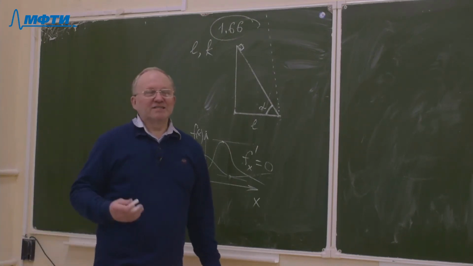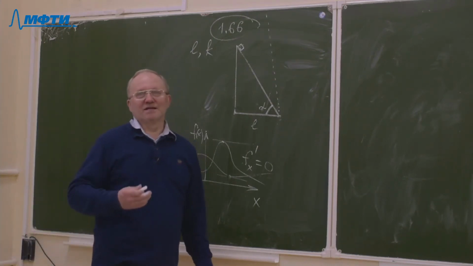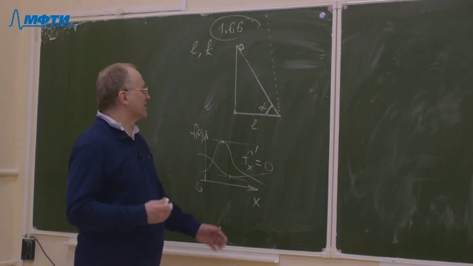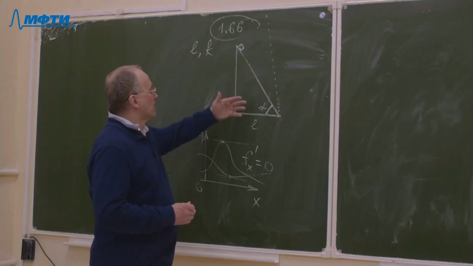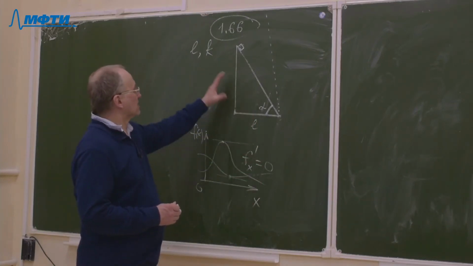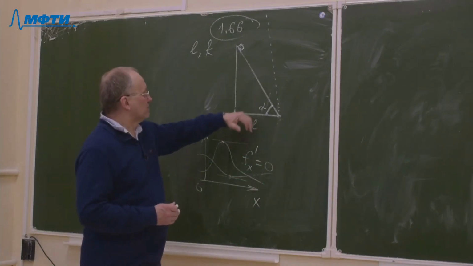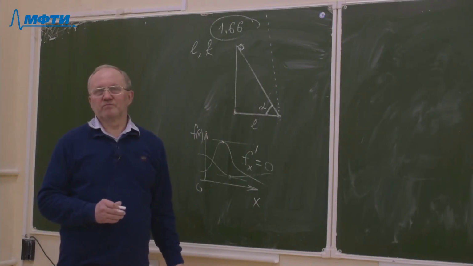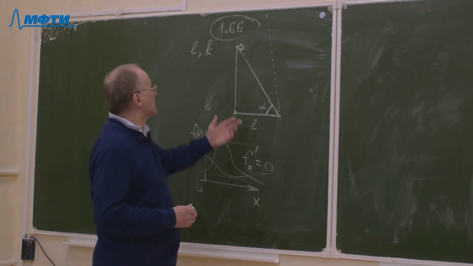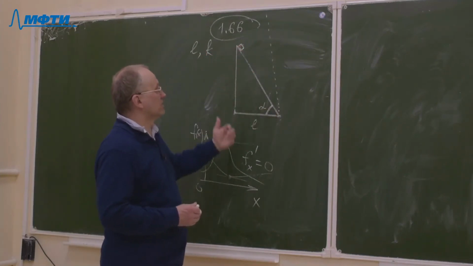In order to understand the problem, always, absolutely always, it's necessary to make a sketch, to make some schematical drawing depicting the process which goes on in your problem. What goes on? What is there? Small body slides down the inclined surface.